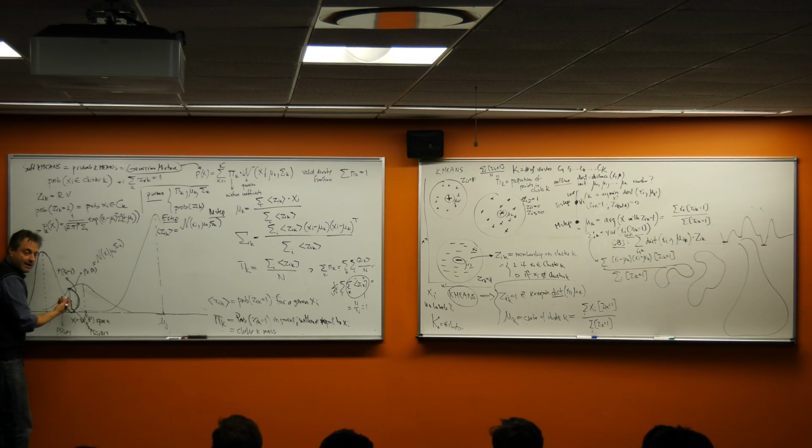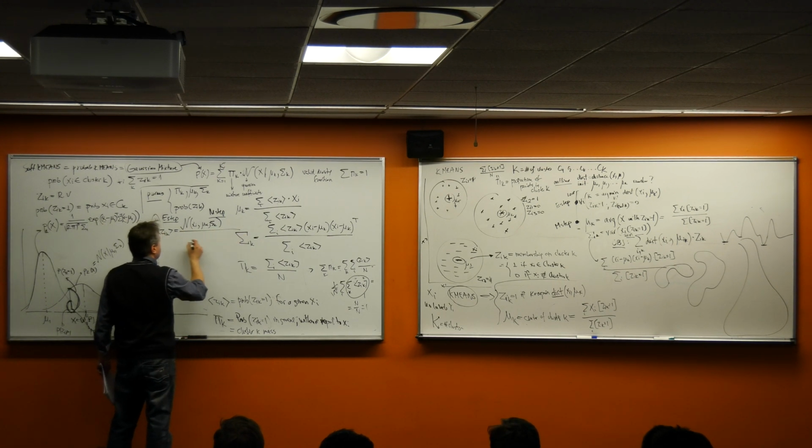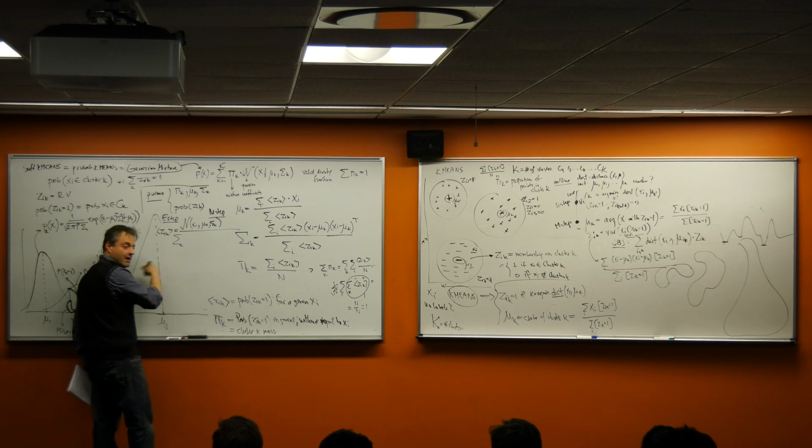But I want them to sum to 1. Do they sum to 1 automatically in here? No. So what do I have to do? Normalize it, right? So this will be over the sum over all Gaussians that I have.